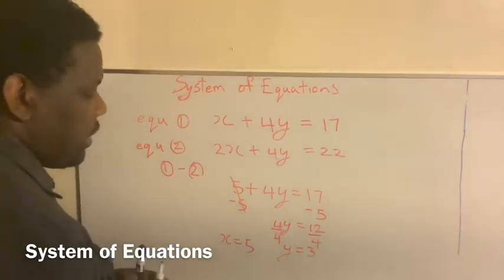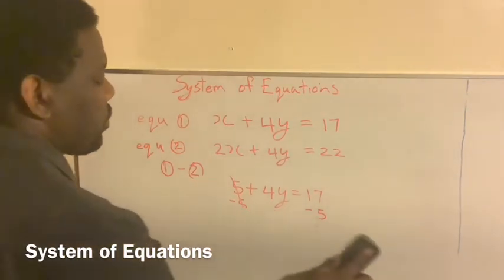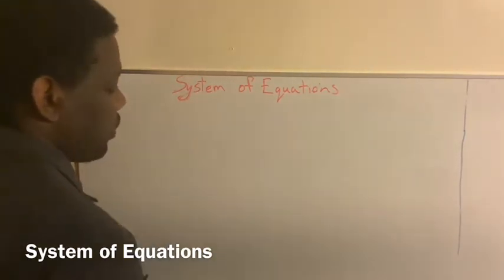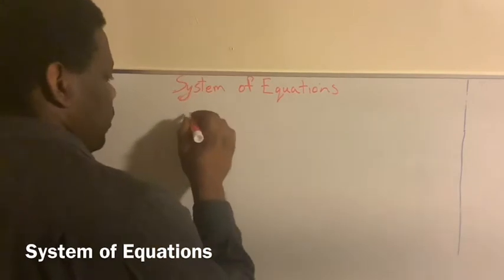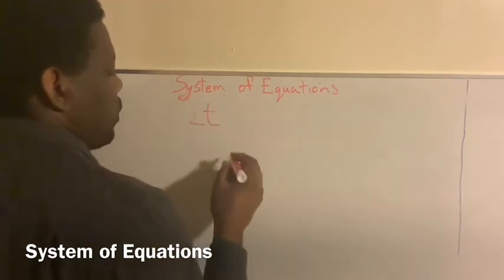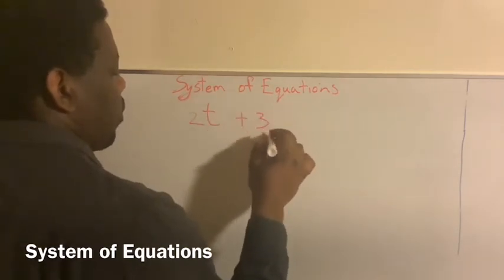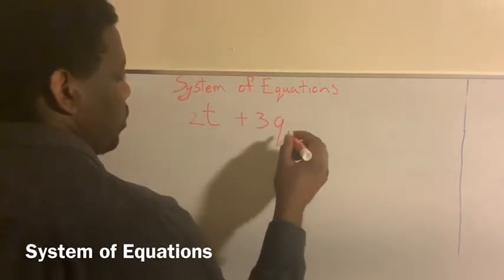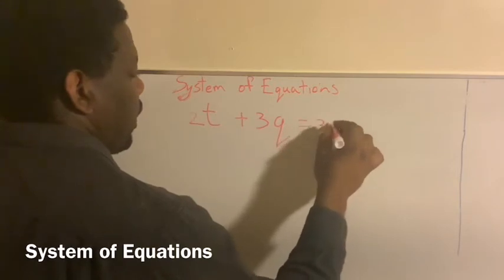Let's try another example. Two t plus 3q is equal to 35.